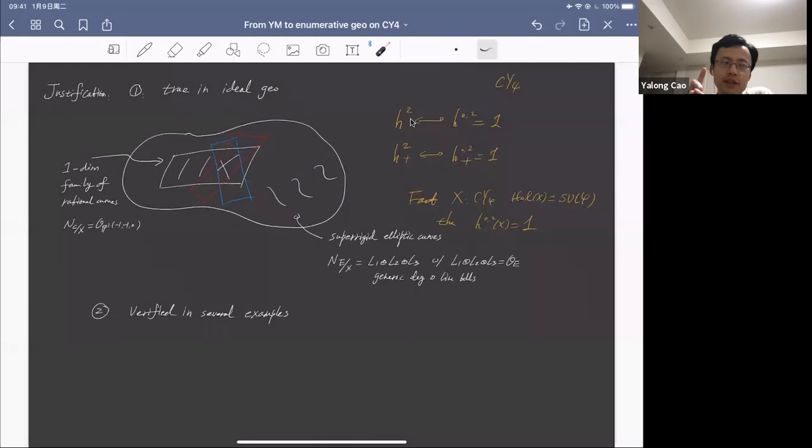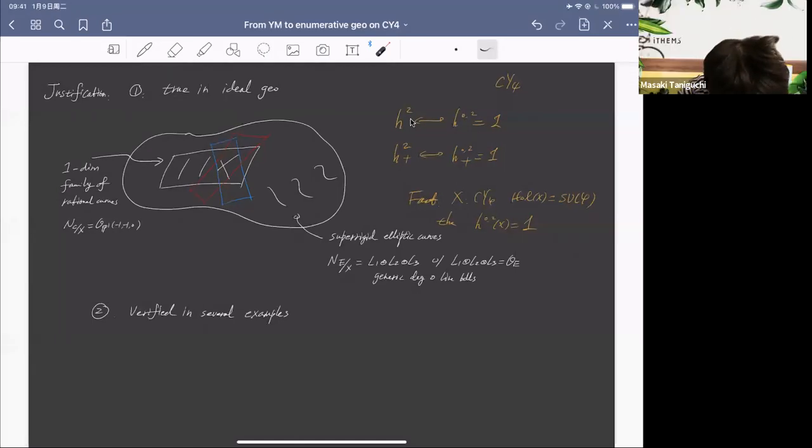But the wall crossing I have in mind is that you change the polarization, because in defining this moduli space, you need to choose ample line bundles. I see. You need to choose a Kähler class. So if you deform the Kähler class, it may change. But if you deform the complex structure, it does not change. I see. Thank you.